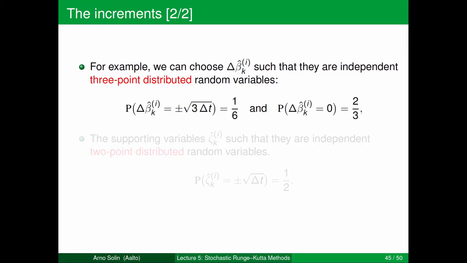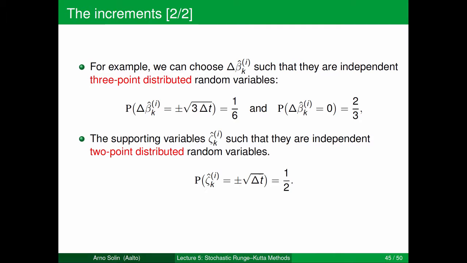For example, we can choose the increments from 3-point distributed random variables where the probabilities for the different values are given like this, and the other supporting values can be given by these 2-point distributed random variables.